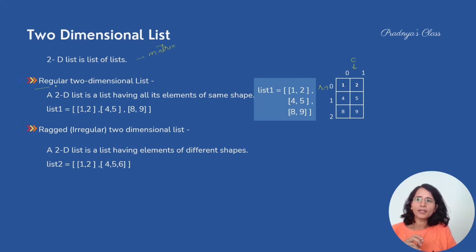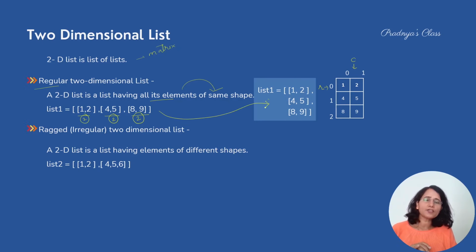One is a regular two-dimensional list, where all the elements of the list will be of the same length. You can see here the length of the nested lists is the same. Here also there are two elements, here also there are two elements, and this nested list also contains two elements. We can write the nested list in this form also, which is equivalent to the matrix.